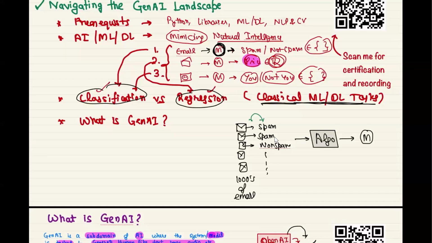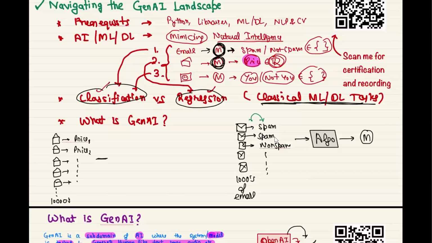Similarly, if I have to build this kind of a model, what will I do? I'll take a lot of houses. I'll collect data for various different houses, maybe tens of thousands of houses, and I'll also utilize the help of subject matter experts, real estate agents, who know the price of property one, the price of property two, the price of all these properties.